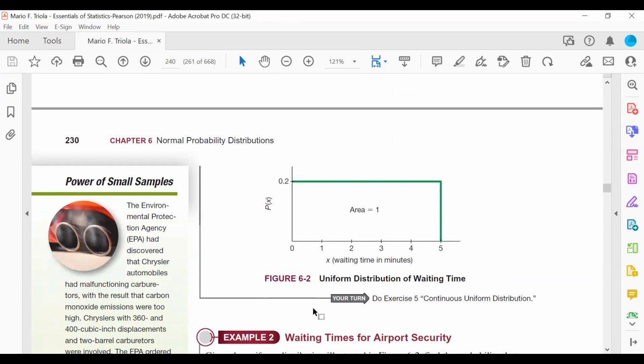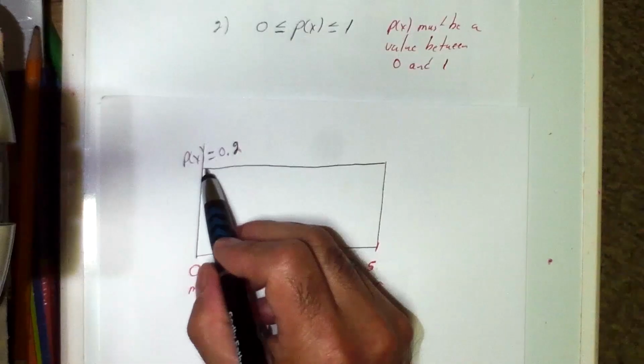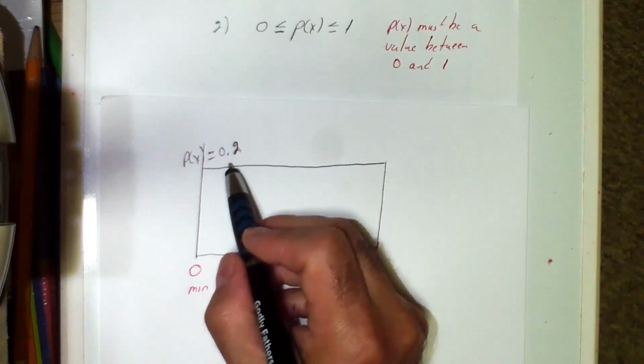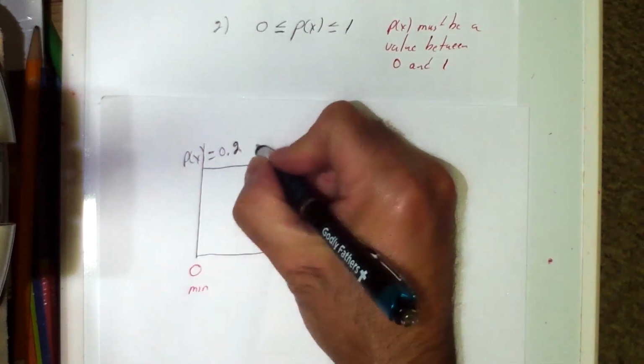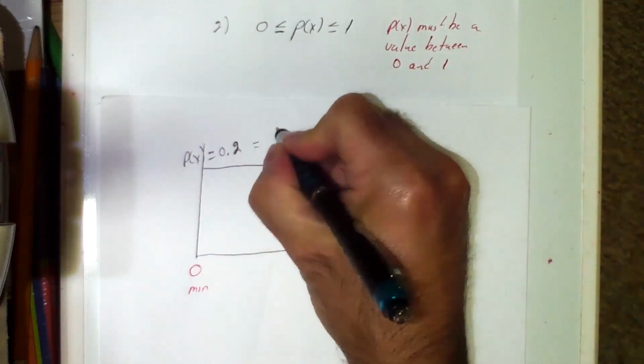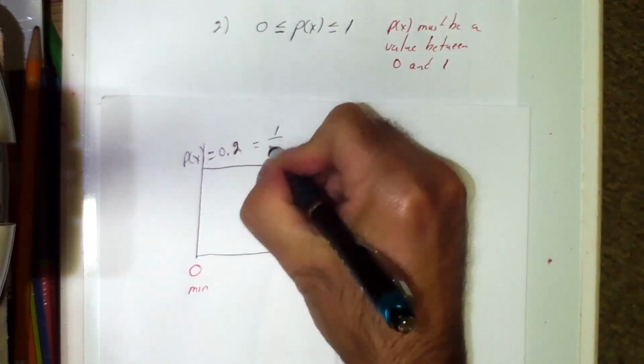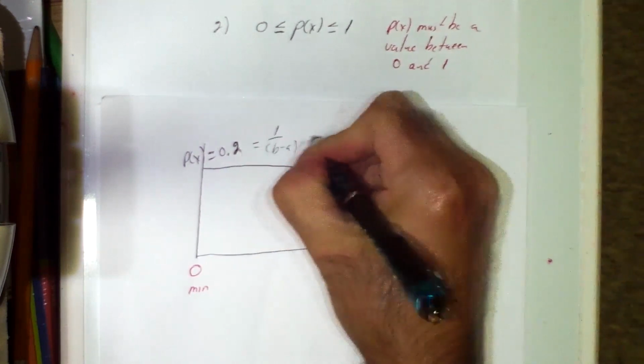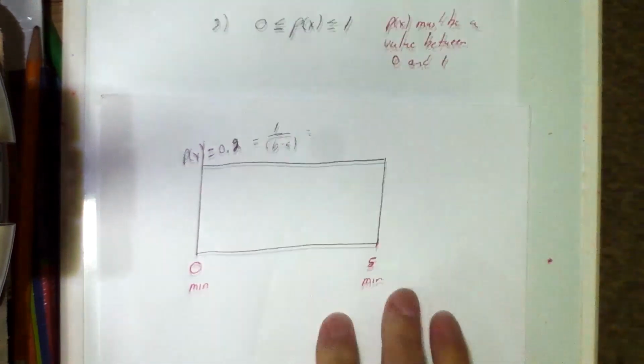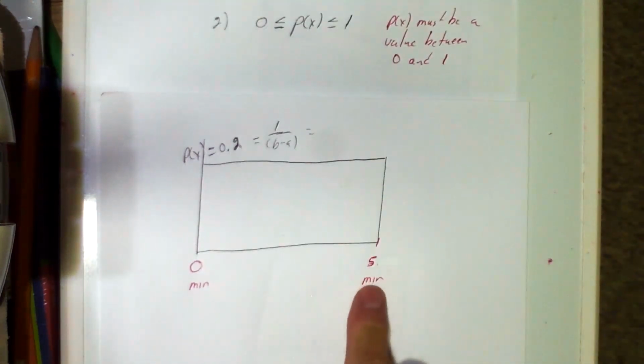Okay. So what if they didn't tell us? Well, let's see if that formula works that I gave you. If they had not given me the P of X, the 0.2, let's see if it works. The formula was 1 over b minus a, right? So my b is 5.